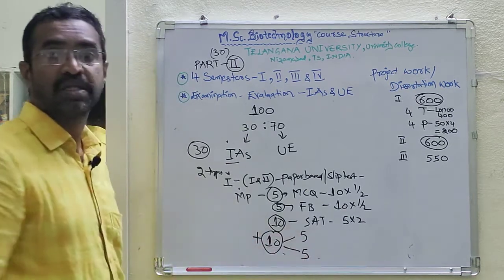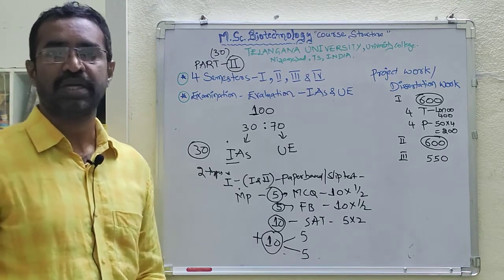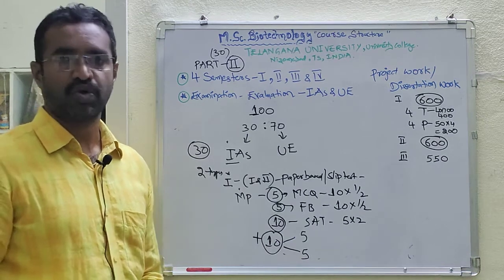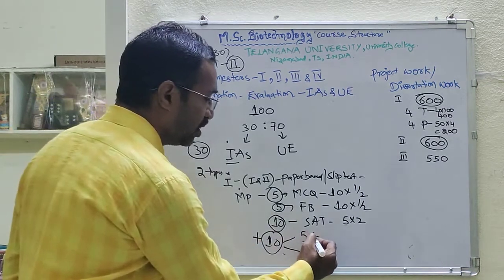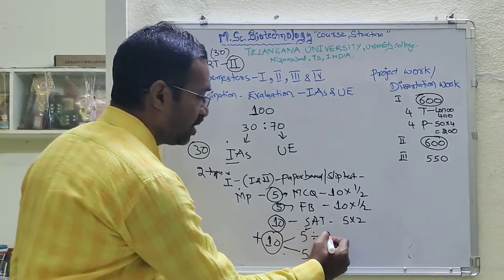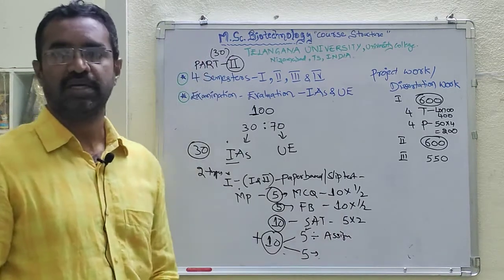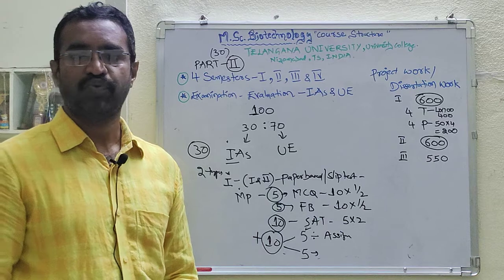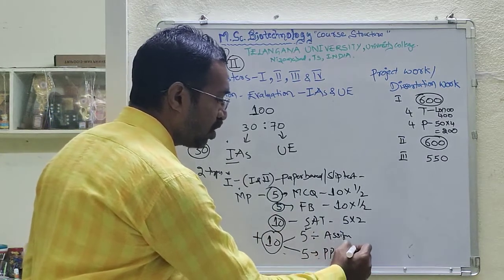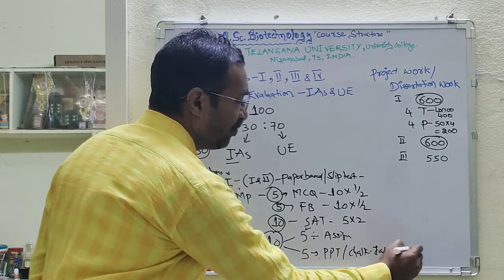5 marks are for submission of assignments. Every student is given some extension topics or application topics. They have to submit their assignment or notes carrying 5 marks, and they should also present their assignments as PowerPoint presentations or chalk and talk for 10 to 15 minutes.